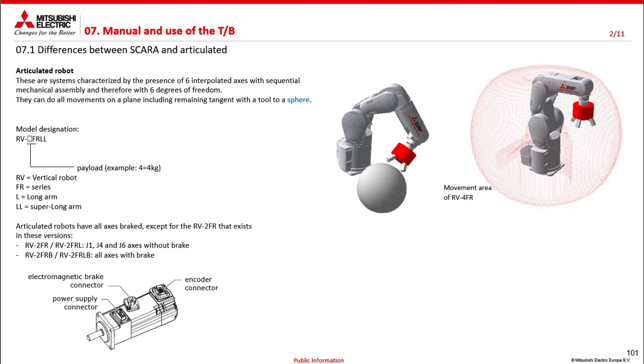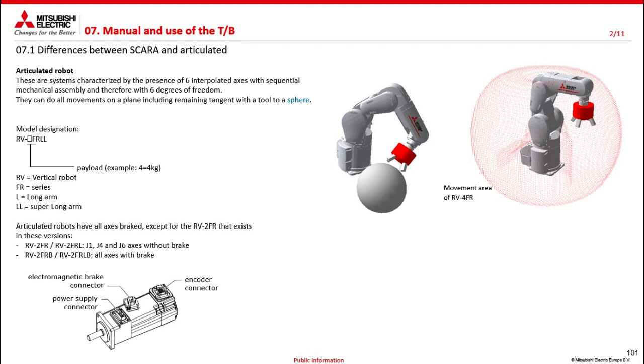So we move from a tool moving parallel to a circumference to a tool that can instead remain tangent to a sphere. Here too we analyze the acronym: RV stands for vertical robot.